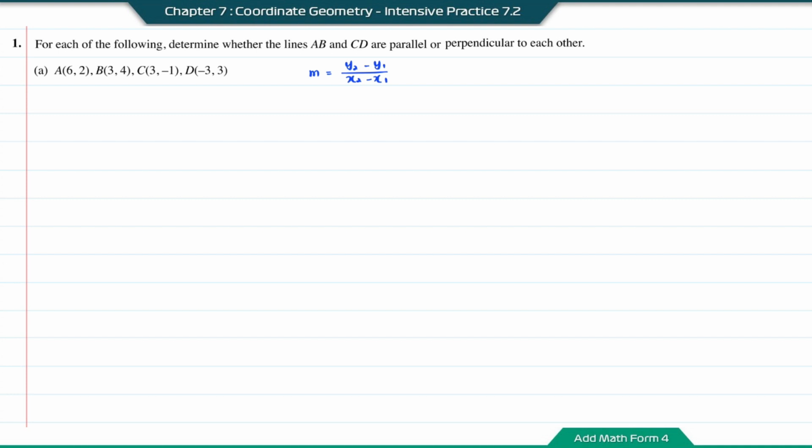over x2 minus x1. For question A, the gradient AB is equal to 2 minus 4 divided by 6 minus 3. So this is equal to negative 2 over 3.